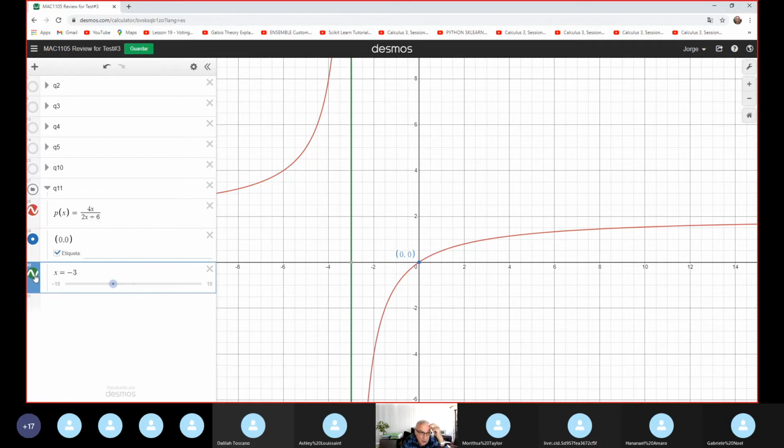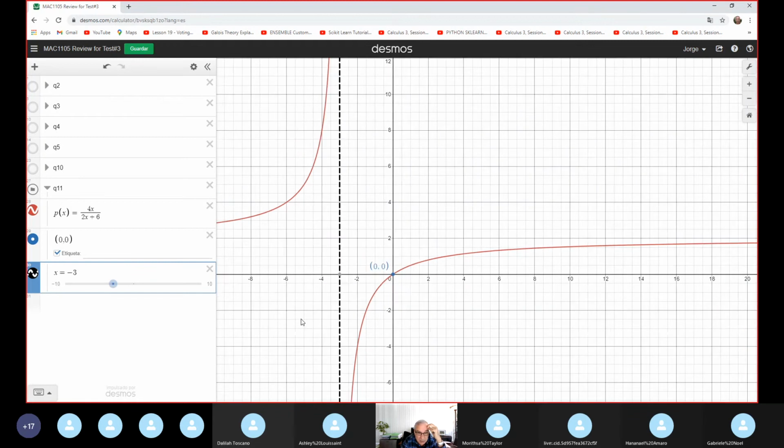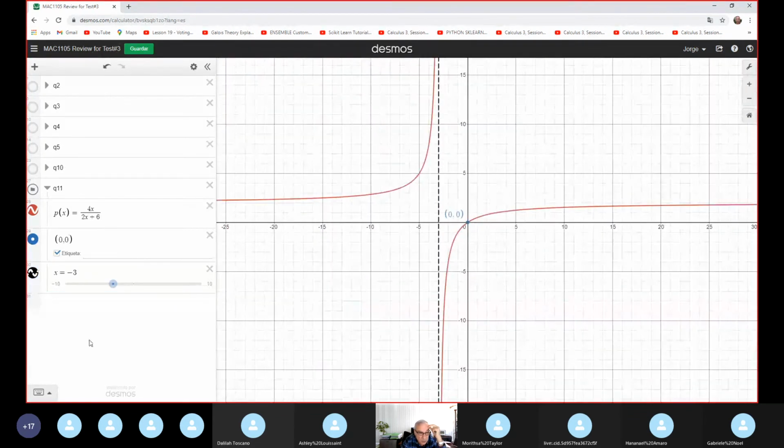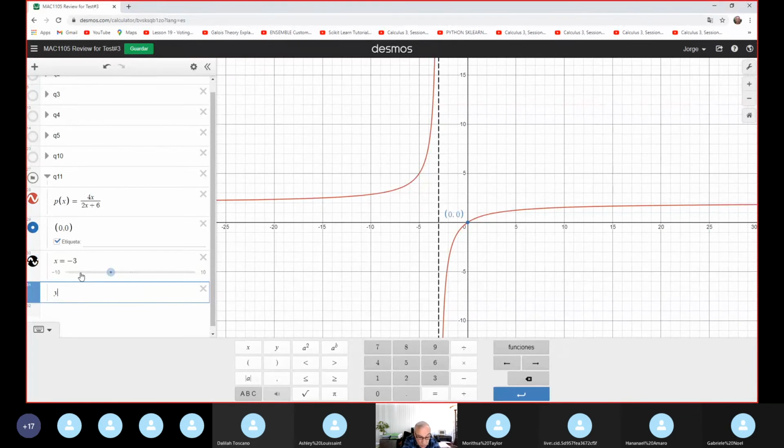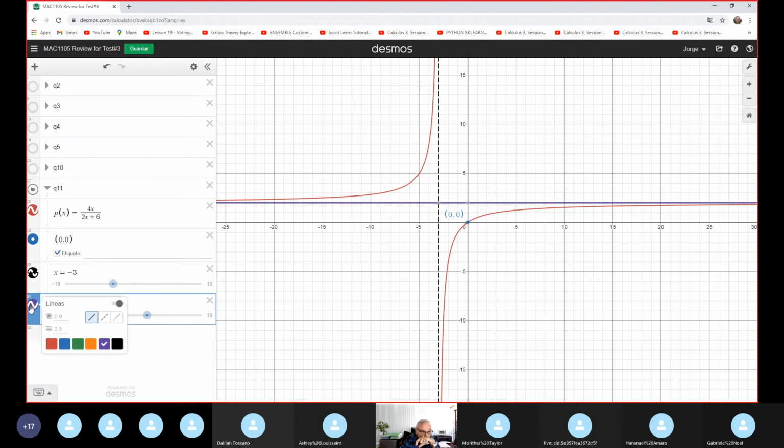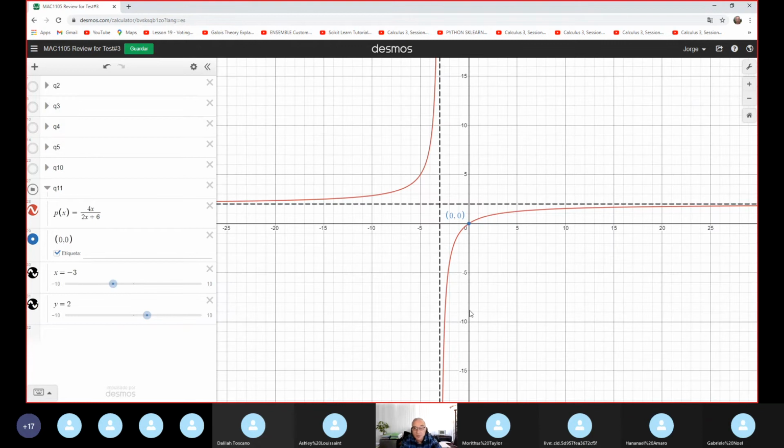Remember, black color dotted line. This is our vertical asymptote. We discover also the horizontal asymptote at y equal to, again, black color dotted line. Any asymptote, by convention, black color dotted line.